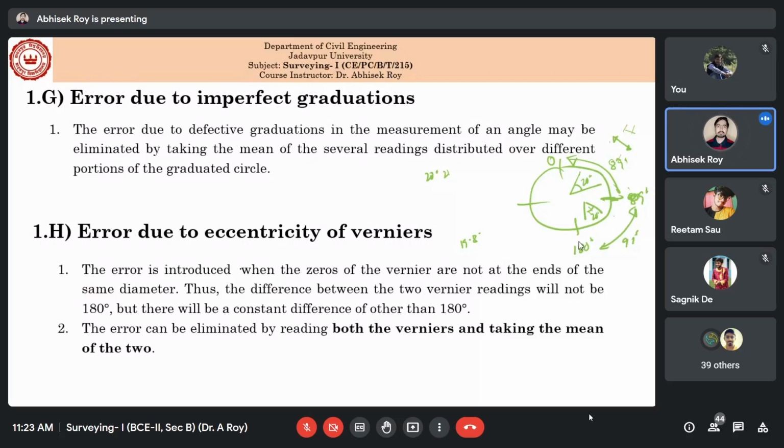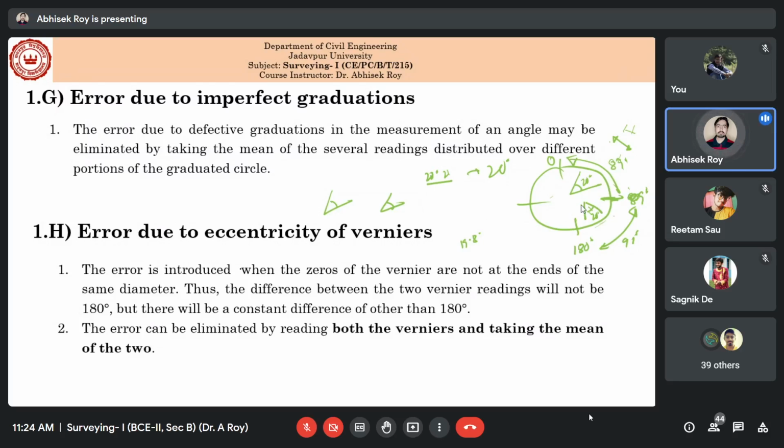So a similar sort of problem will be there. Here the actual larger measurements will be shown as shorter dimensions. So 20 degree 20 minutes can be shown as 20 degree, and a lesser actual angle can be shown as a larger angle if the graduation is not perfect.